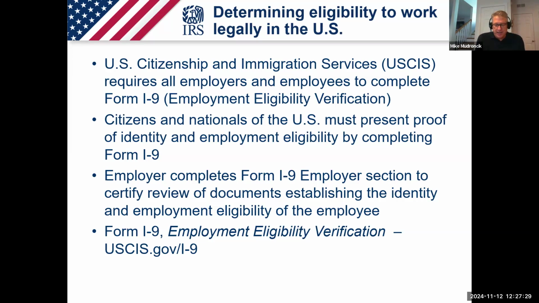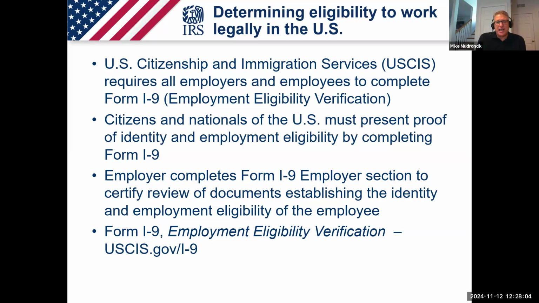To work in the United States, the employee must be a U.S. citizen, a national, or a lawful permanent resident, or must have been granted authorization to work in the United States. U.S. Citizenship and Immigration Services, with the acronym USCIS, requires that all employers and employees complete the Form I-9, which is the Employment Eligibility Verification Form.